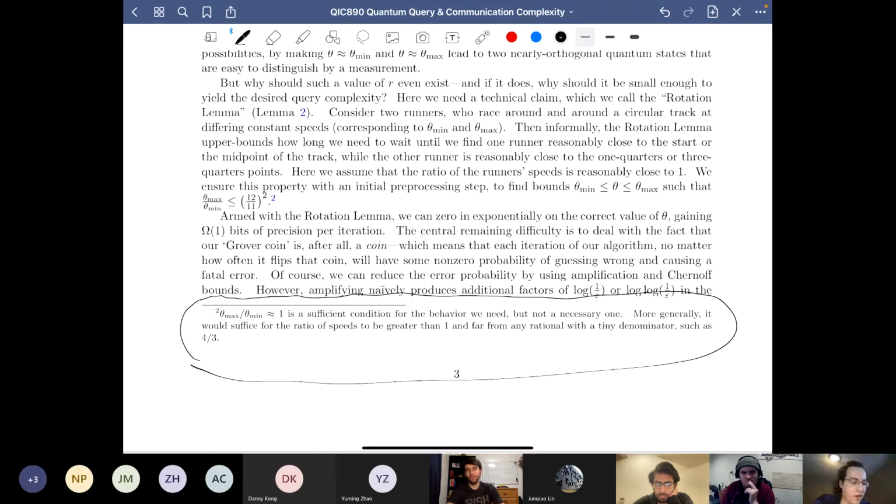To do that, you think, okay, suppose I had a gap between two angles. Suppose I'm trying to estimate this angle, but I don't know exactly where it is. I want it such that if the angle was slightly this way or slightly this way, I could tell those apart. If there was a small gap between the two angles, I could tell them apart. So that's the theta min and theta max. And the idea is if you rotate enough, in case 1 you're rotating by a larger angle than in case 2.